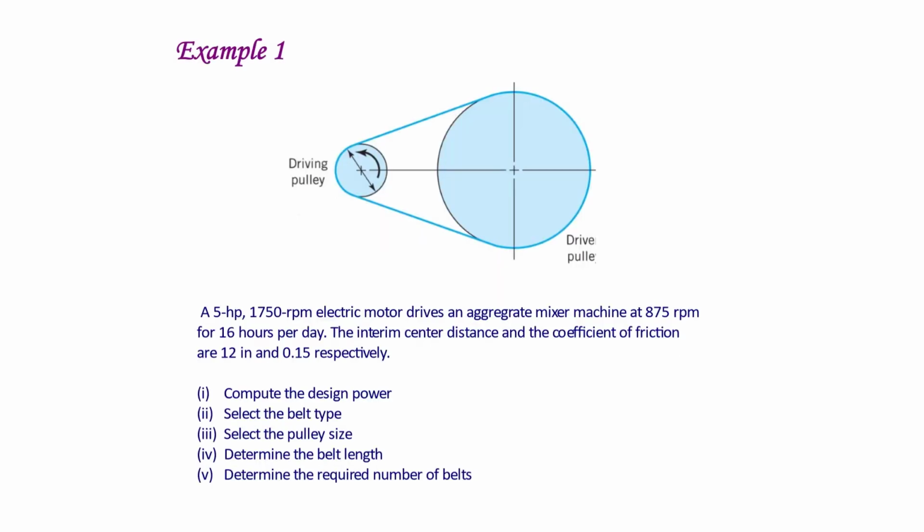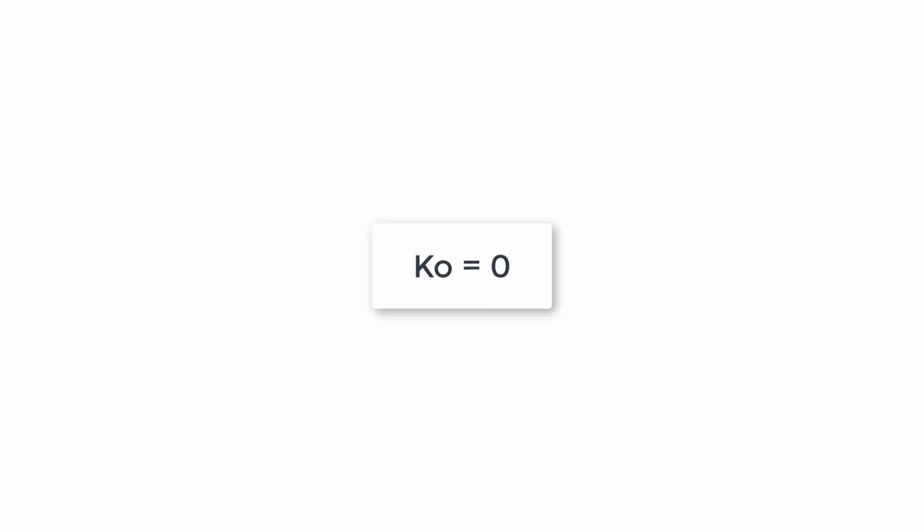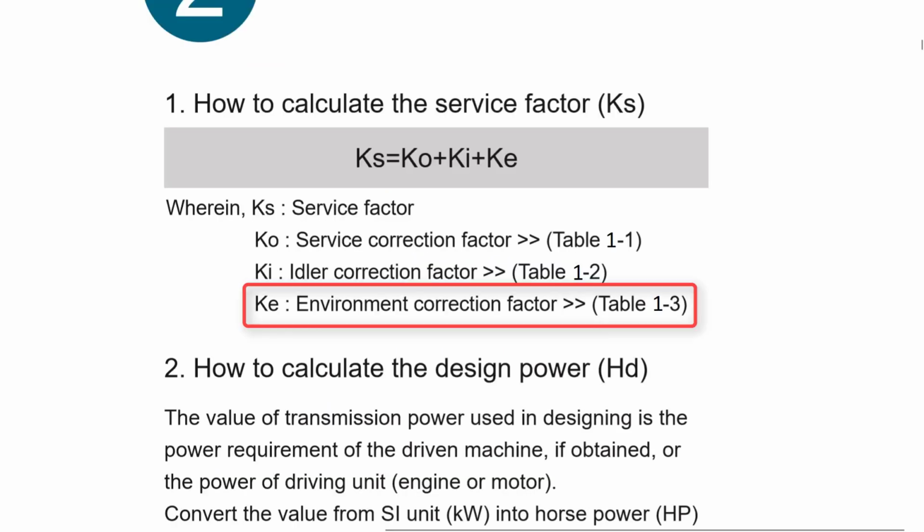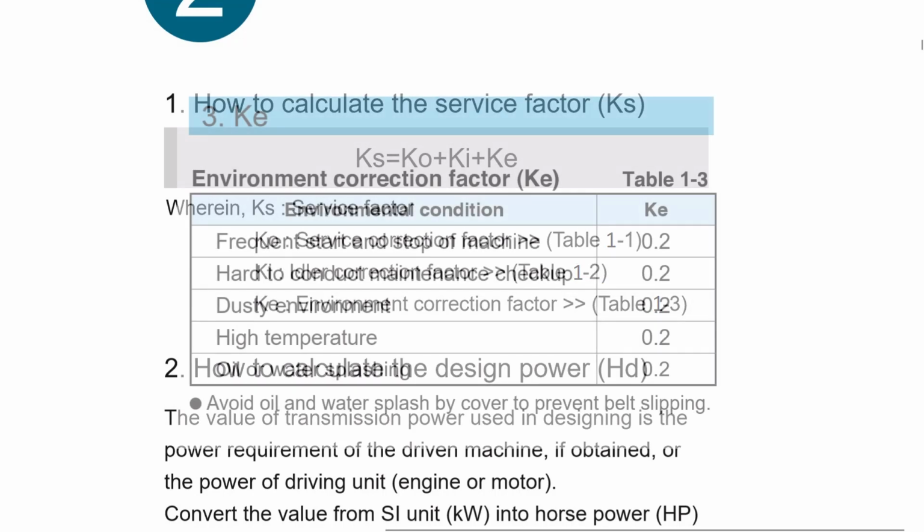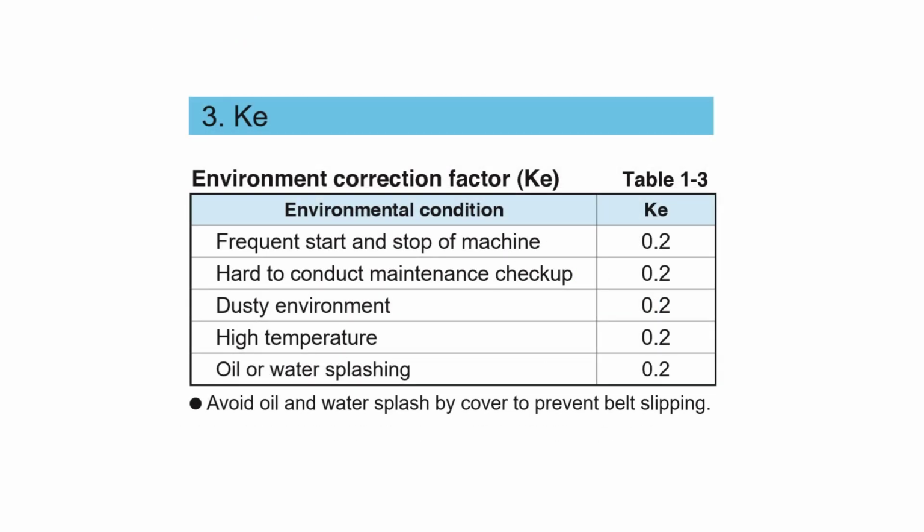Since in this problem there is no idler added to the system, the idler correction factor KI can be neglected, so the value of KI is 0. For the environment factor KE, we have to refer to table 1.3. If we look at this table, all the environment conditions like frequent start and stop of machine, hard to conduct maintenance checkup, dusty environment, high temperature, and oil or water splashing, we must use the value of KE 0.2.